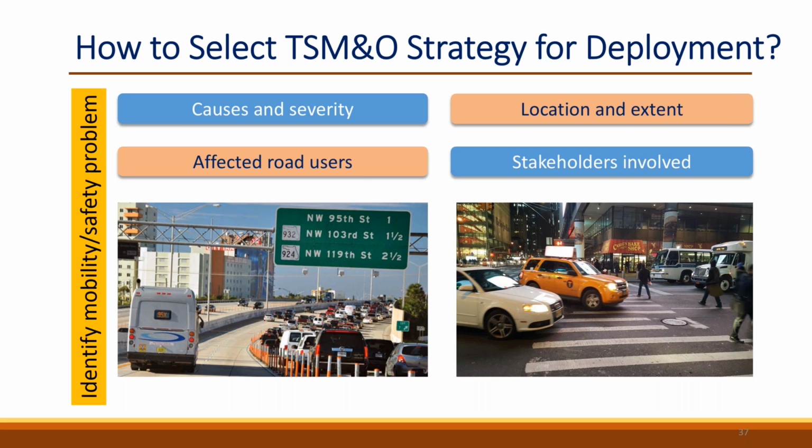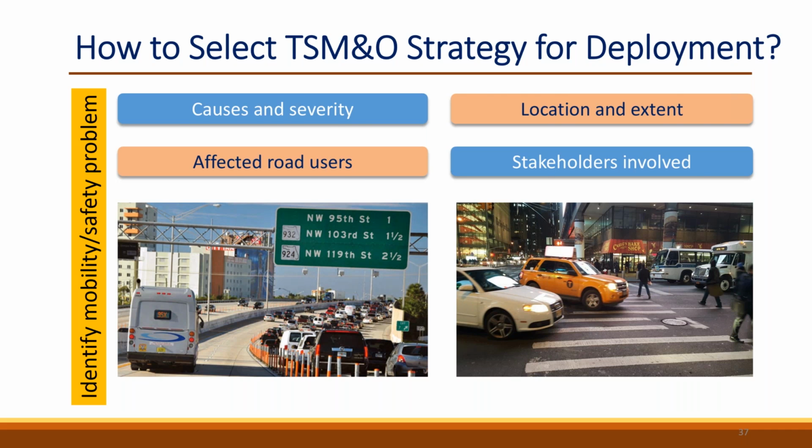Depending on that, the next step would be to identify the affected road users. Who are the road users being affected? Is it only vehicles, or vehicles and transit, or how is it impacting emergency vehicles? If it is an arterial, how are pedestrians and bicyclists considered in this mix? And then identify the stakeholders involved.